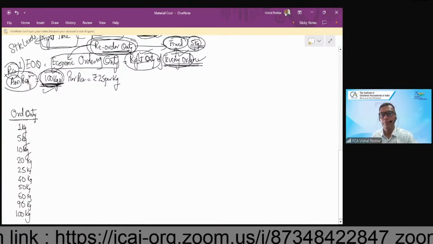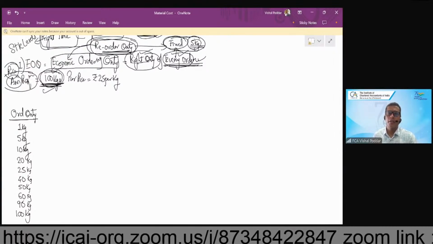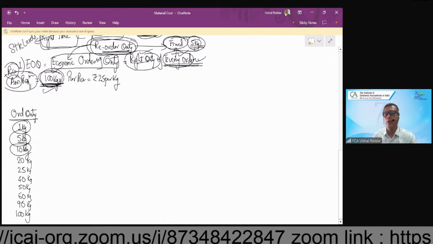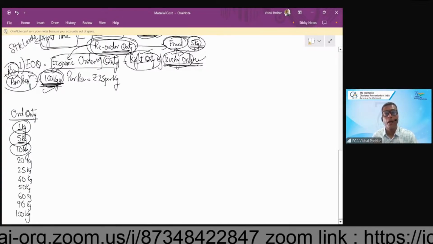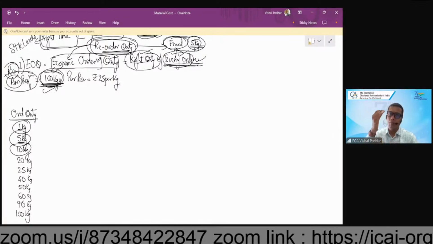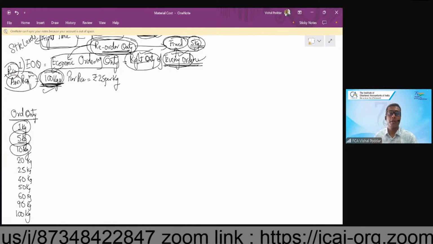And for ensuring that this 100 kgs is purchased, I have these multiple options. How many options do I have? I have a minimum of 100 options: 1 kg, 2 kg, 3 kg. I've just listed a few for understanding what I have to explain.